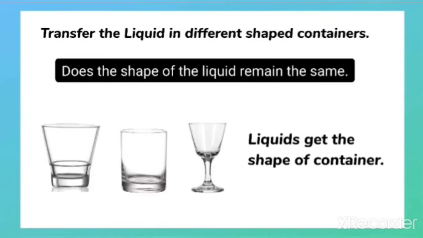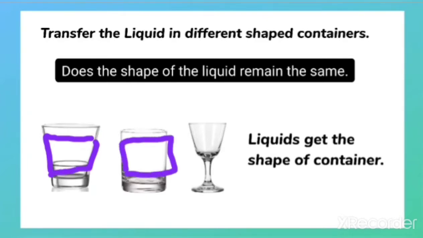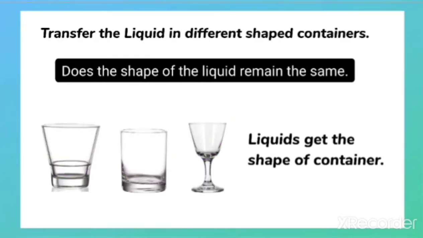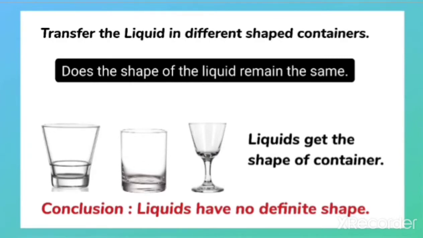When we fill the water in this, the shape of the water will be like this, here it will be like this, and here like this. So we conclude that liquids have no definite shape, but take the shape of the container.